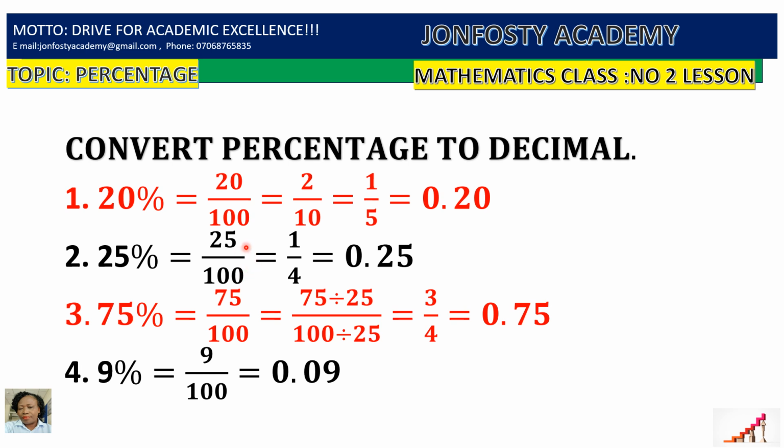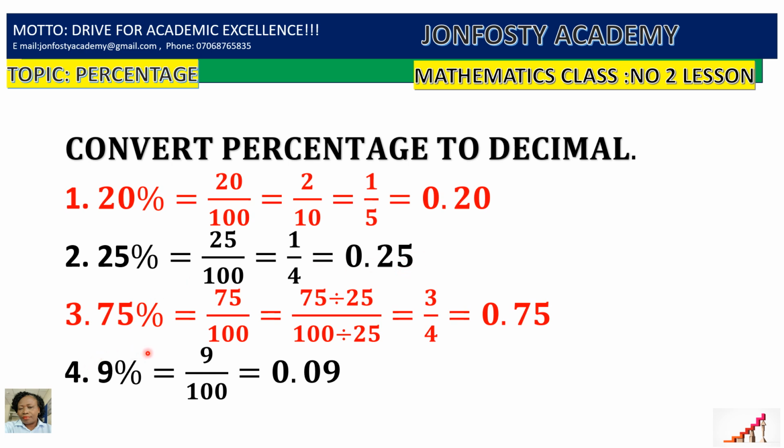Dividing 25 by 25 gives you 1, and dividing 100 by 25 gives you 4. When we divide 1 by 4, it cannot go. We put 0, add a point, and 10 divided by 4 will give us 2, remainder 2. 20 divided by 4 will give us 5. That's how we got 0.25.